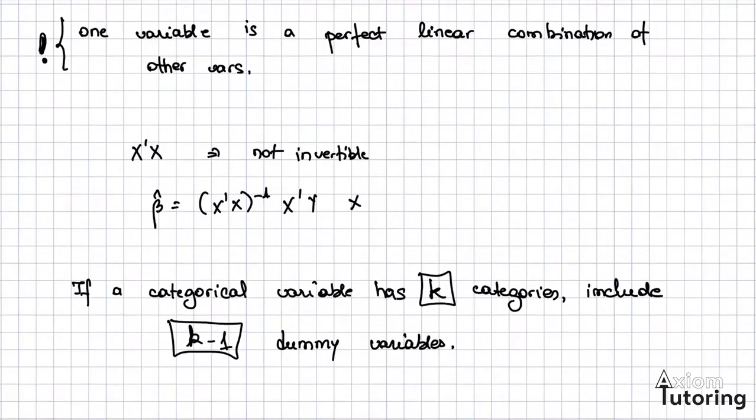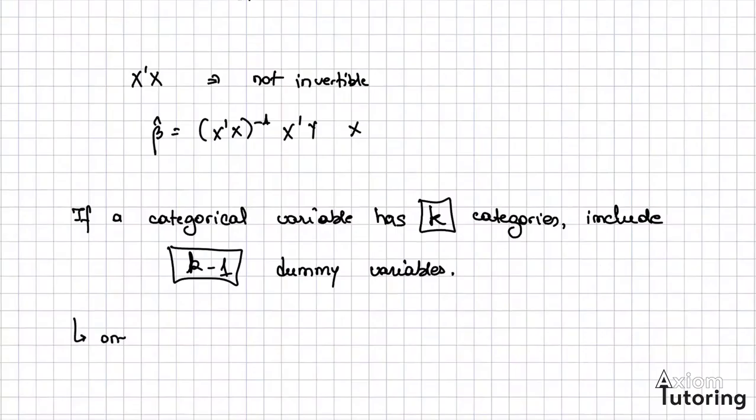Okay, so one category, and that is usually the one dropped, becomes the benchmark group or the reference group.